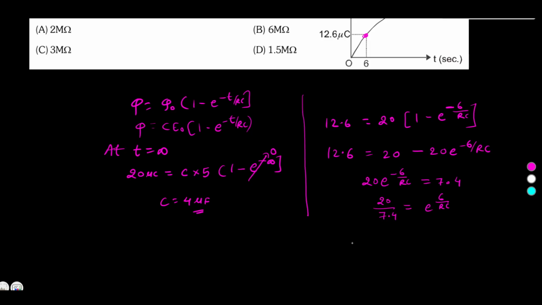So I will take ln 20 by 7.4, log on both sides will give you 6 by RC. So I will write here RC equals to 6 by ln 20 by 7.4.